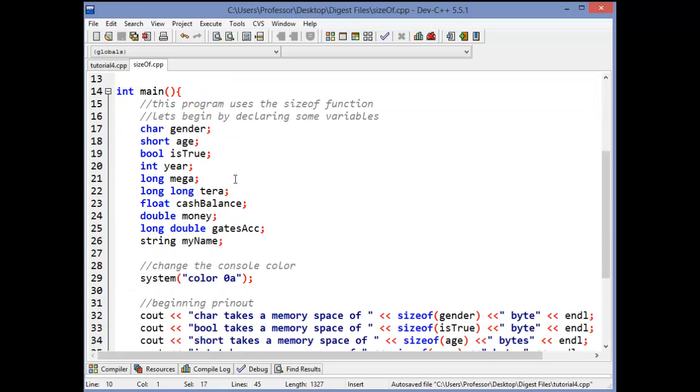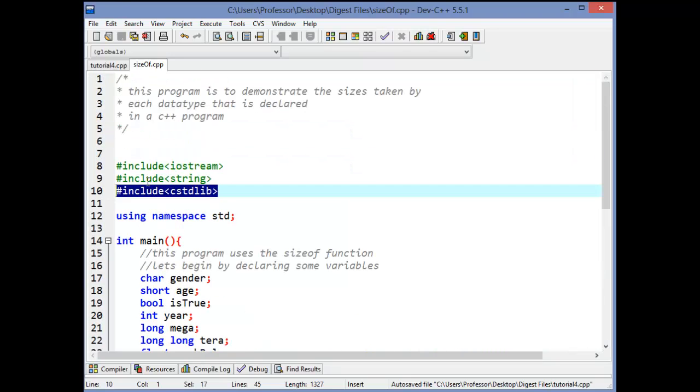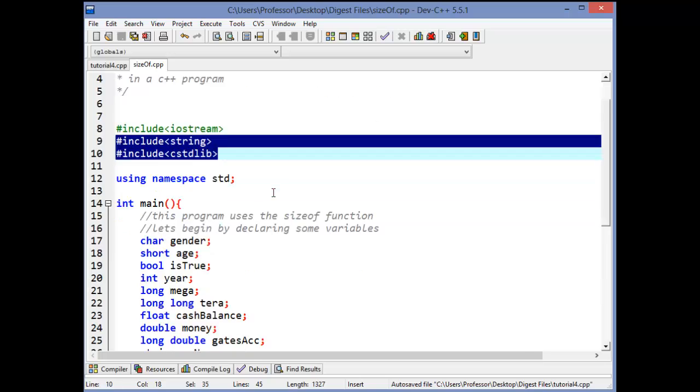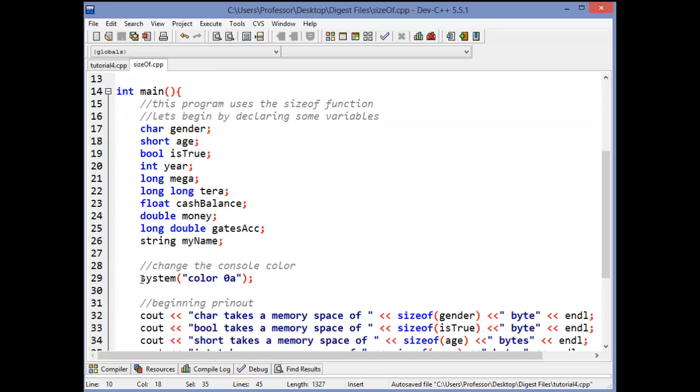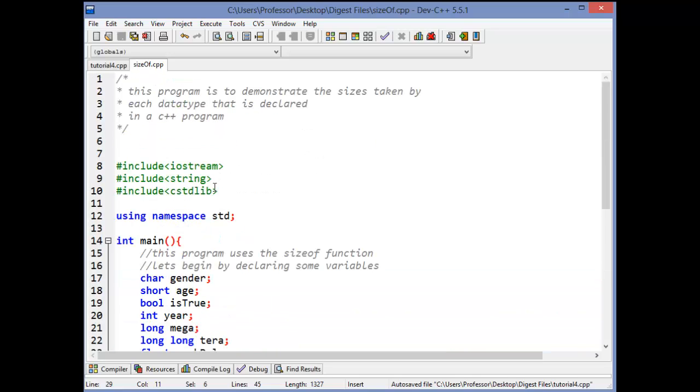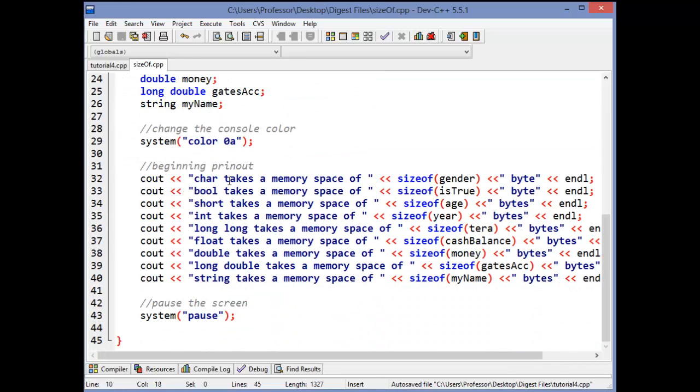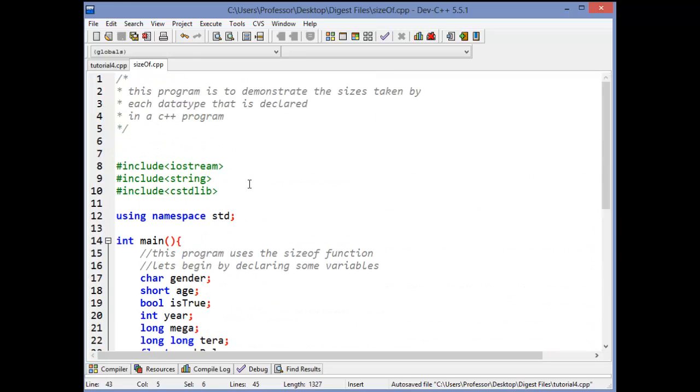The reason we have included these two is, first, we are going to make use of system, and a call to system is defined in this particular library, the C standard library. So if we want to use system, we should have the C standard library added to our program.